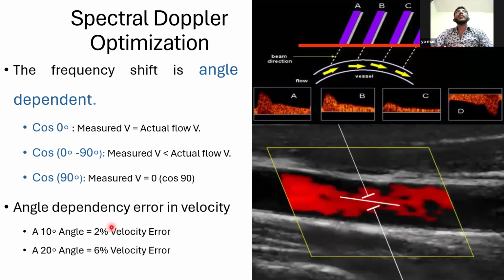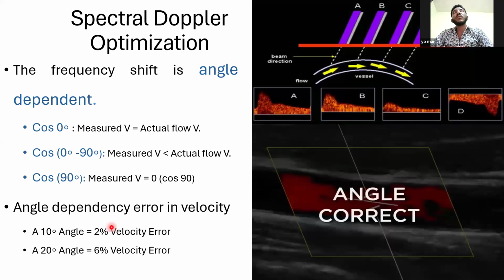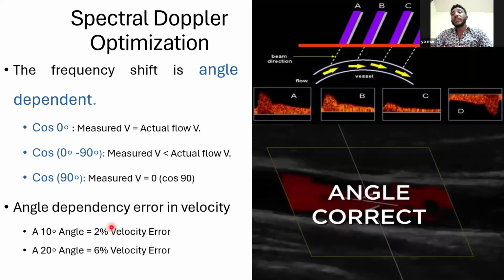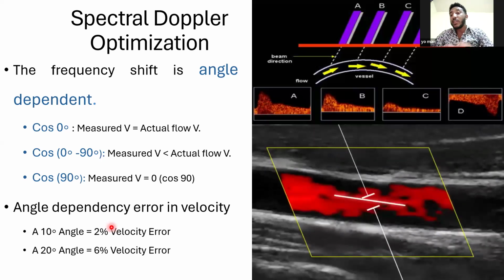According to ESOG, the angle dependency error in velocity is that if we make a 10-degree angle away from the 0-degree angle, we will encounter a 2% velocity error from the actual flow. If we get a 20-degree angle, there would be a 6% velocity error according to recent research from ESOG.